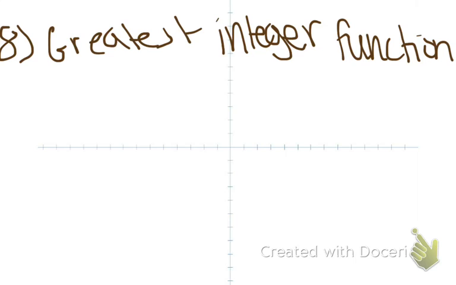I don't know why, because once you get it, it's quite simple. So it's going to be very hard to draw, but I'm going to make the size smaller. Okay, and then we're just going to go from 1, and then we're going to put an open dot right here.